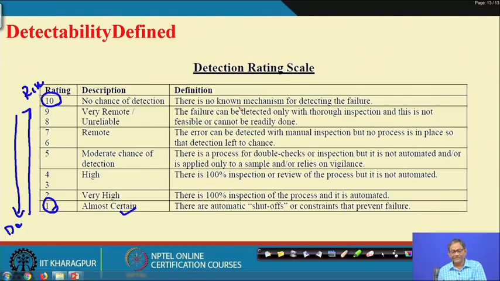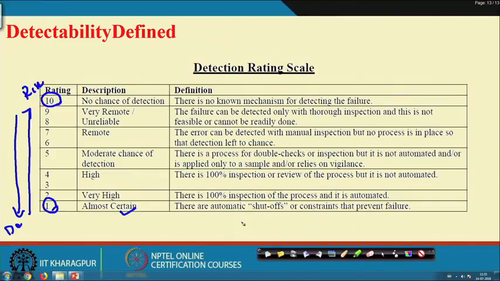For example, in the pressure tank system, whether overpressure conditions can be detected, yes, because an alarm is there and a pressure gauge is there. But suppose you think that there is no alarm, no pressure gauge, what will happen? That overpressure condition is not detected, which may ultimately lead to the tank rupture. This is the extreme failure, dangerous failure mode.